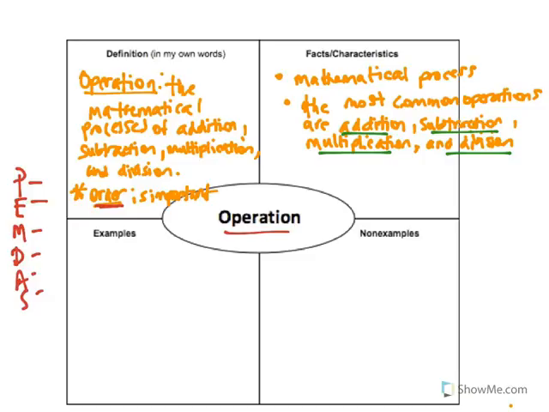Some examples of operations are addition, subtraction, multiplication, division, squaring something, exponents, and parentheses. Non-examples are anything that's not an operation. So maybe just the letter A, the number 11. These are not operations because they are not processes. This is just a variable and this is just a constant.